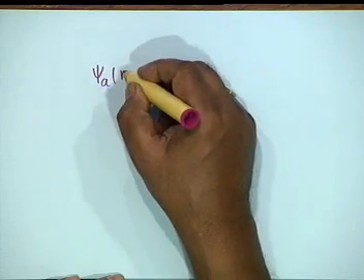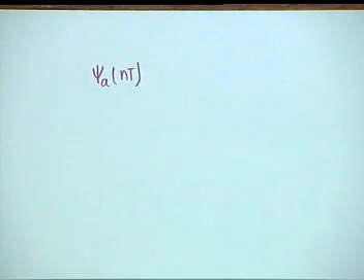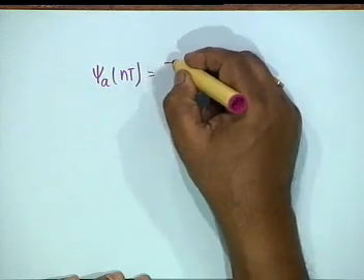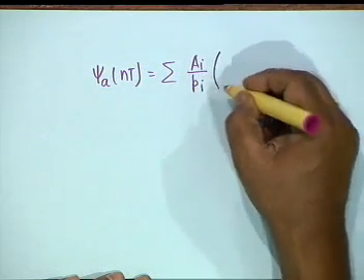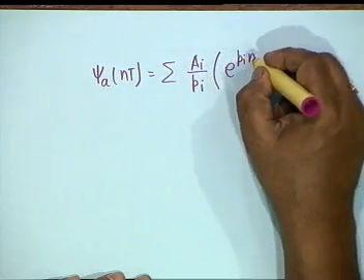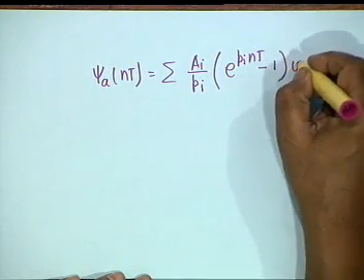Okay. If we wanted a step invariant filter, if we wanted to design a digital filter in which the step response remains invariant, then obviously what we have to do is take psi a of nt, which we have already derived to be summation a sub I divided by p sub I, e to the pi nt minus 1, u of n.